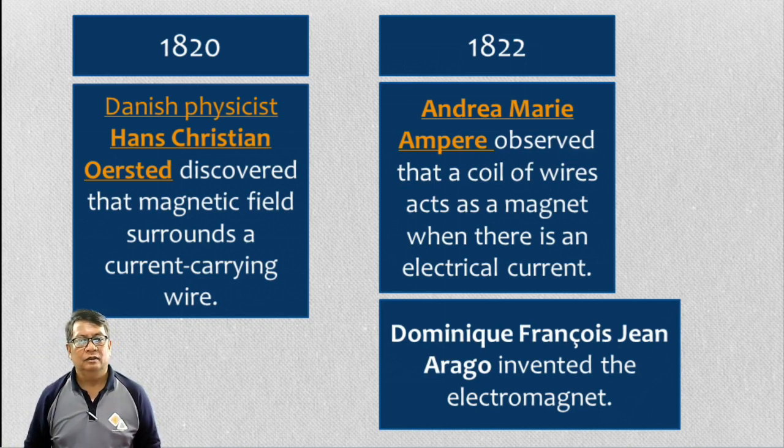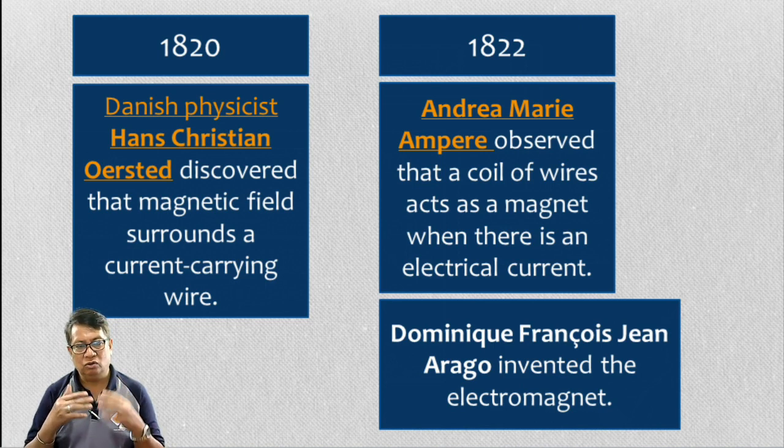So according to Orsted, there is a magnetic field if we have this current carrying conductor or current carrying wire. In 1882, Andre Marie Ampere observed that a coil of wire acts as a magnet when there is an electric current.